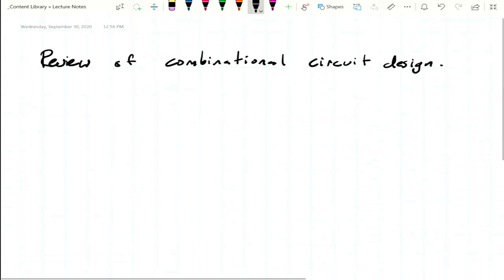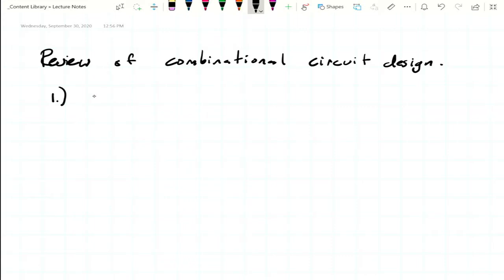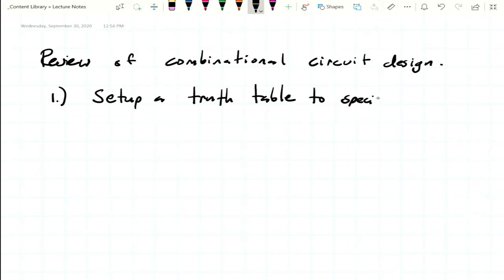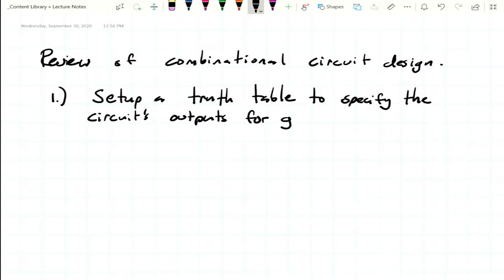All right. So, what are the steps? Step 1 is get our truth table. So we're going to say step 1 is set up a truth table. Specify the circuit's outputs for given input combinations.